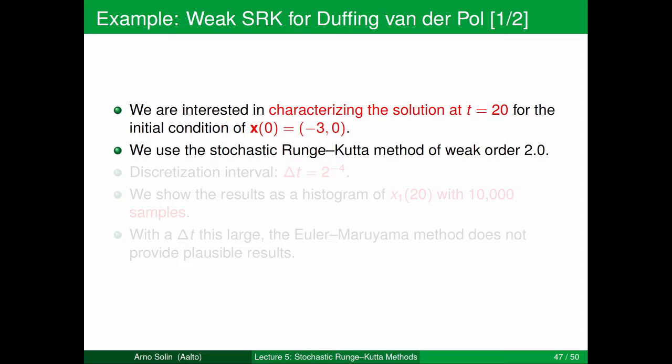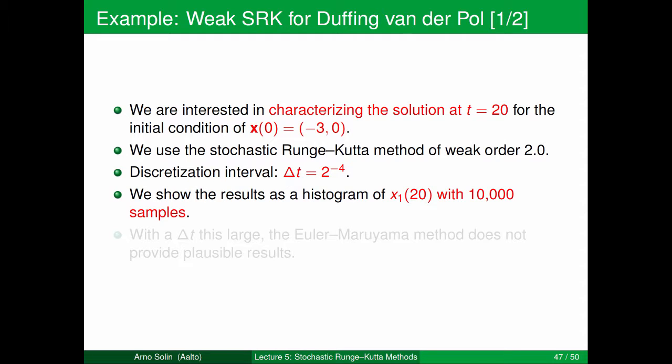And now we can consider a slightly larger step size. In the previous example of this model, we used the step size of delta t equaling 2 to the power of -5. Now we have a step size of 2 to the power of -4.